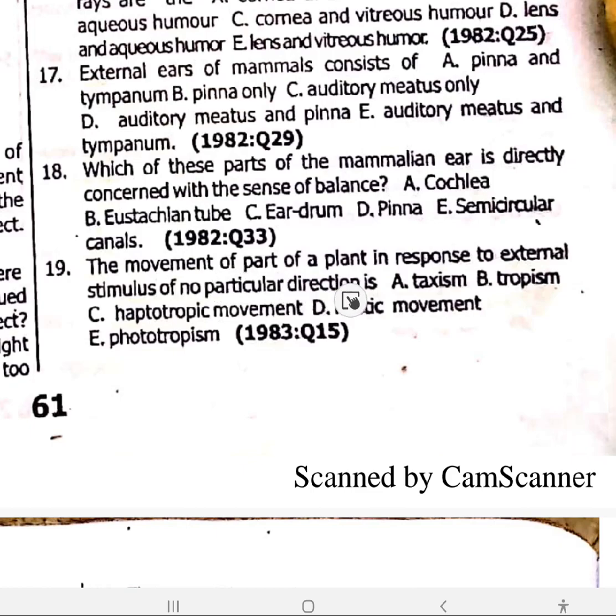The movement of the part of a plant in response to external stimuli to no particular direction is called nastic movement. Nastic movement is when a plant responds in no particular direction. Non-directional movement is nastic movement.